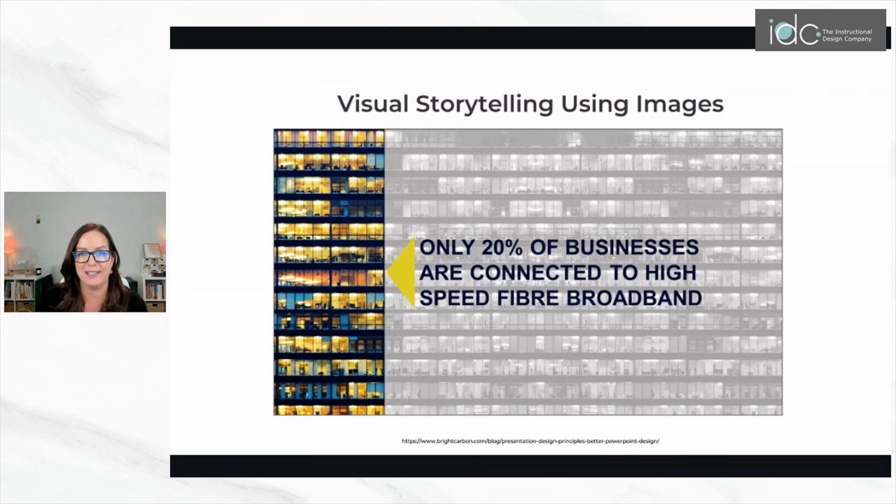So let's look at this example, and why this is an example of visual storytelling. On the screen, you can see that it says only 20% of businesses are connected to high-speed fiber broadband, right? Now, look at that picture. There is only a sliver of that picture that's in color. Everything else is kind of grayed out.